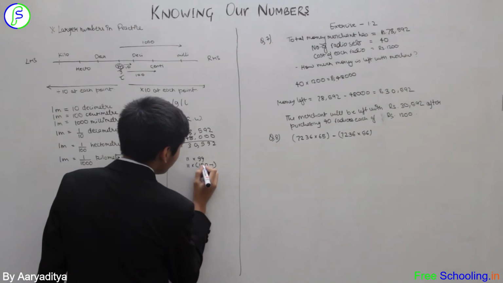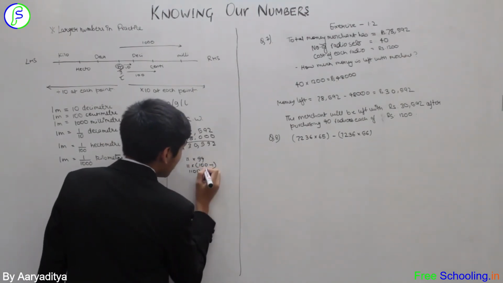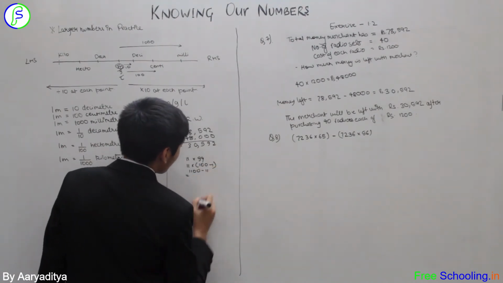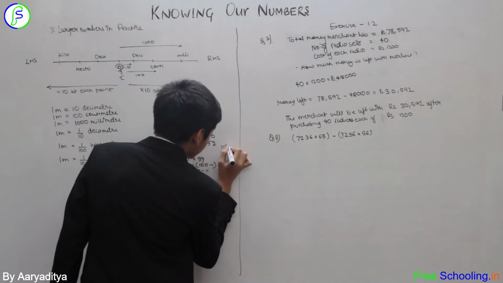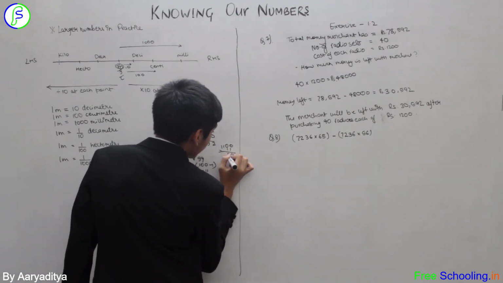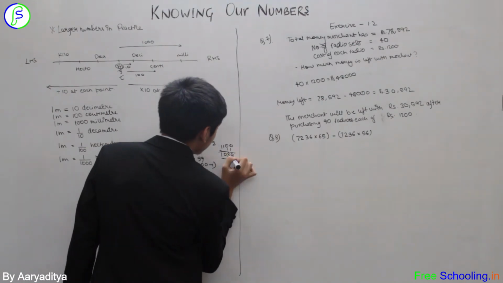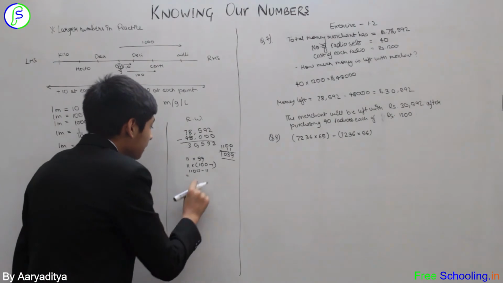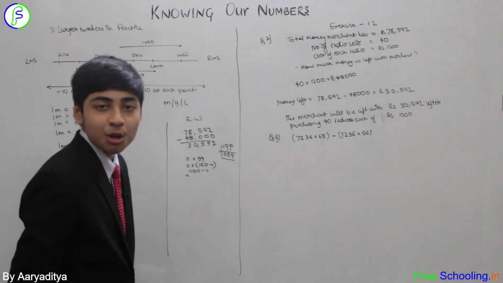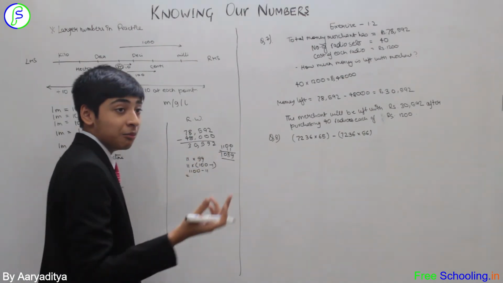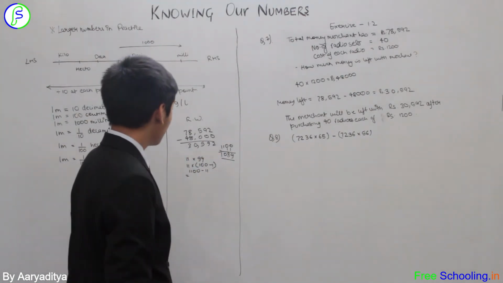Then multiplying 11 to this, and then multiplying 11 to this, it will become 11 multiplied by 100 minus 1 into 11. So the total answer will be 1100 minus 11, which is 1089. So this will be the answer that we will be getting. Instead of multiplying bigger numbers, we just subtracted smaller and easier numbers. Well, this might not be smaller, but the answer would come quickly. So this is the advantage.